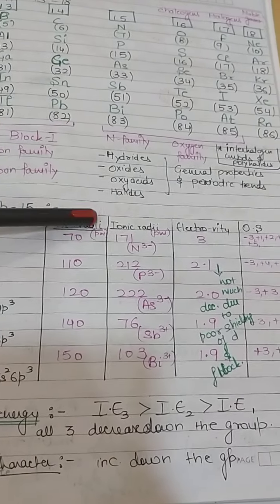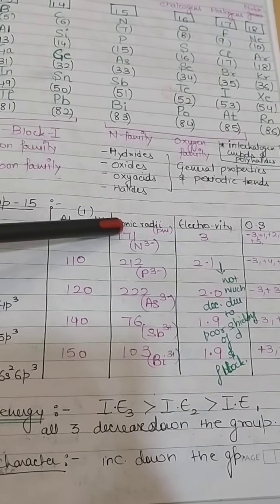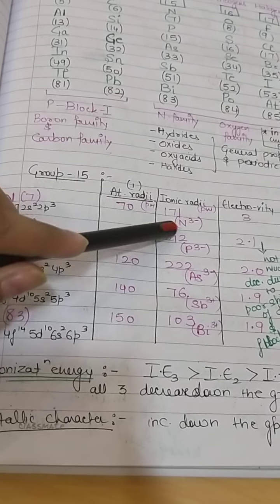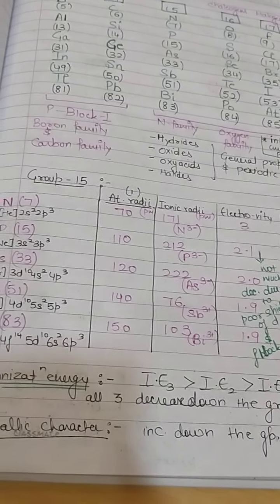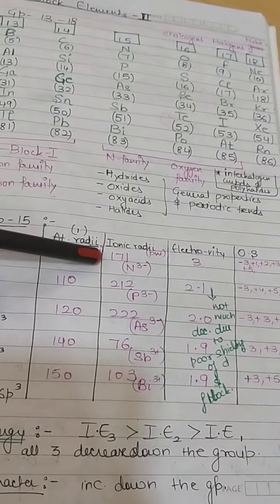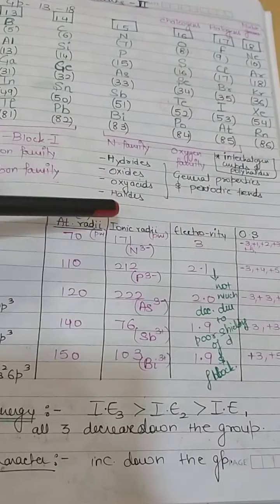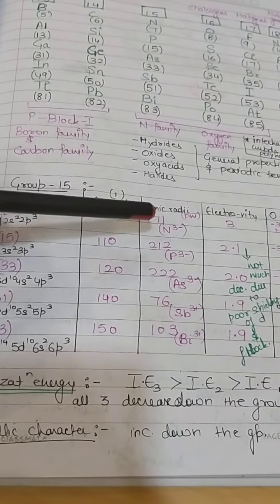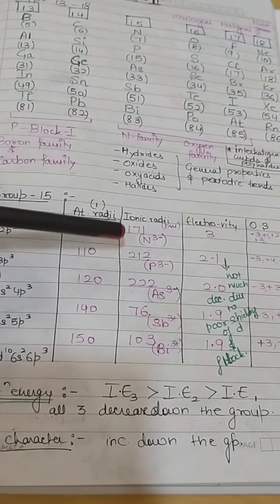If we look at the ionic radii, it generally increases down all the groups, but in case of group 15, ionic radii increases up to arsenic and then decreases. Why is this happening? Because the electropositive character of the elements in group 15 increases as we move down the group.